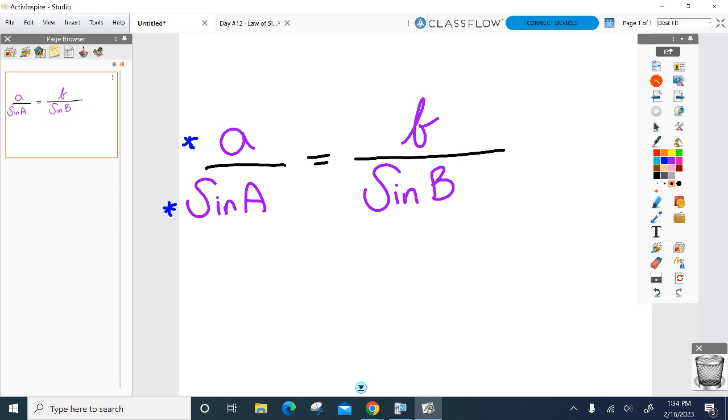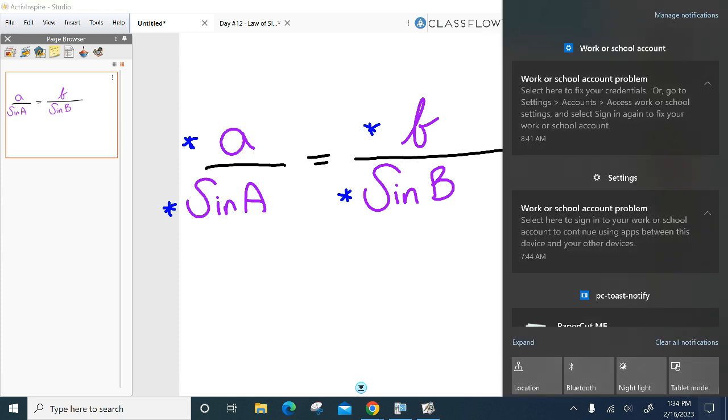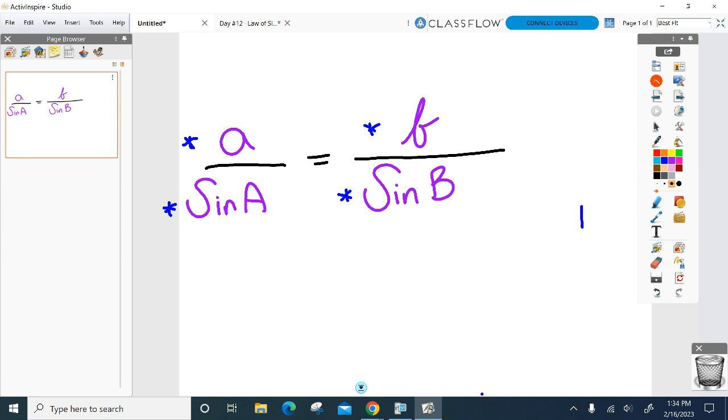These 4 values that you plug in all have to come from the same triangle. You guys remember yesterday? Yeah, the diagram that looked like that at the end of the quiz, right? If for some reason I wanted to use the law of sines to figure this out, all 4 values must come from the same triangle. You just can't go, I'm going to use the side of this and this side over here. They have to come from the same triangle, all 4 values.